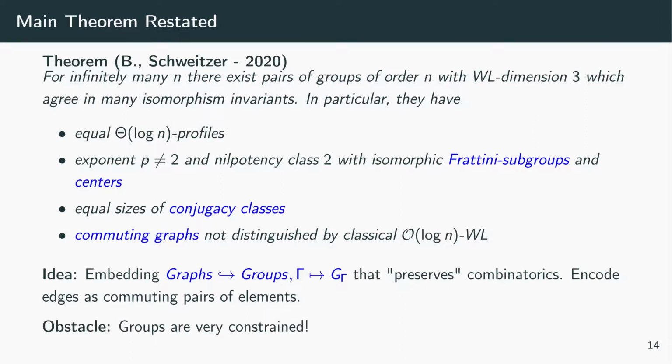Now, the obstacle here is that there's not really a standard way of doing this, so groups are very constrained after all. You cannot just choose arbitrary group elements which then should commute or not commute in general.